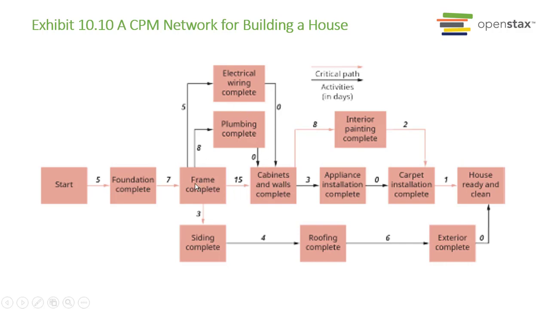So example, frame complete. Going from that to cabinets and wall complete, you have 15 days here, and within those 15 days, you're giving yourself 5 days from frame completion to electrical wiring, 8 days from plumbing to complete, which is less than 15 days, and so hopefully that's all you're doing here for that. But you get the idea.